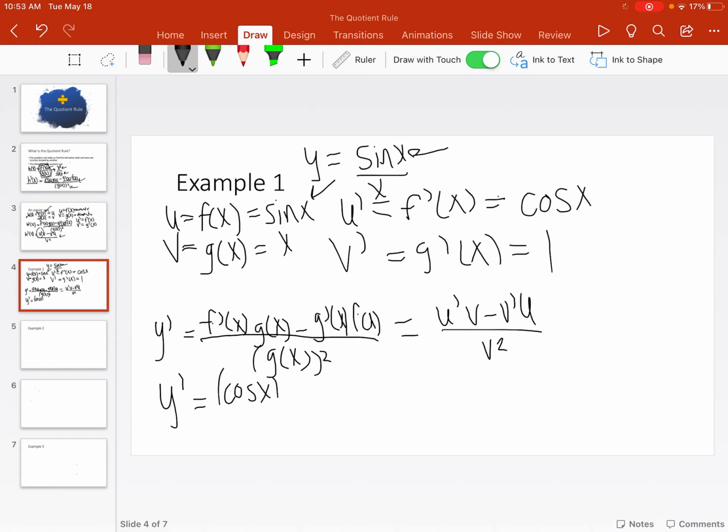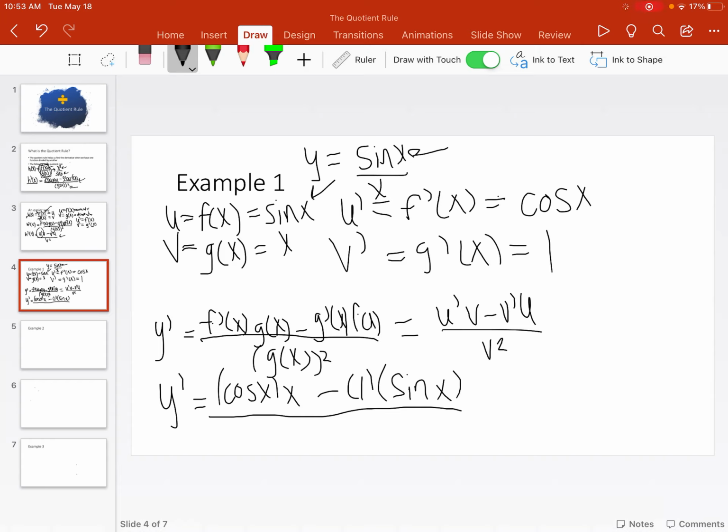Our next piece of the puzzle: what's v? v is just x. Now we have minus, so we got that first term down. Now what's v prime? v prime is just 1, we found that. What's u? u is just f of x, and that's just sine x. So we have that part done. Now we have v squared. What's v squared?